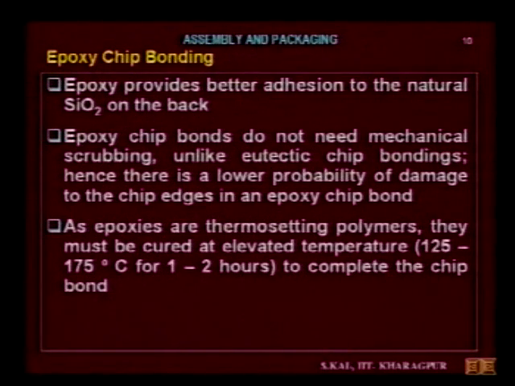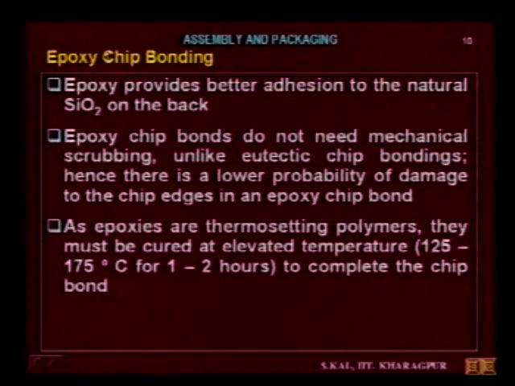As epoxies are thermosetting polymers, they must be cured at elevated temperature, and that temperature cycle is 125 to 175 degrees centigrade for 1 to 2 hours to complete the chip bond.